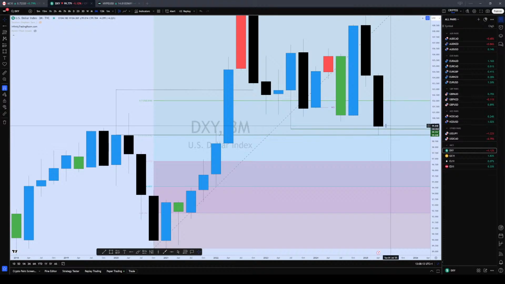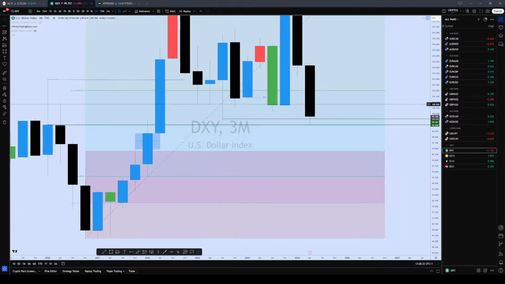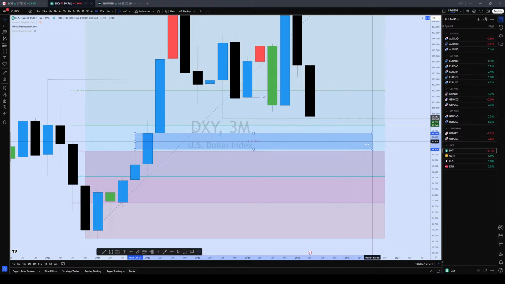So maybe we might get some sort of reaction, but it might not mean a lot, because I think they will come for this fair value gap. I think they're gonna come here.